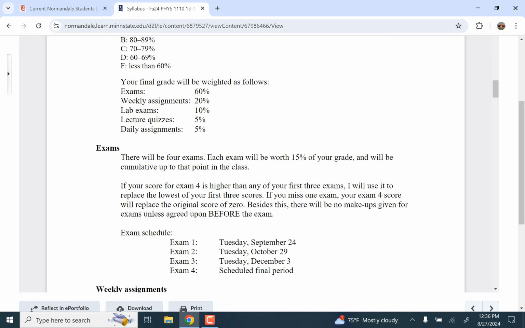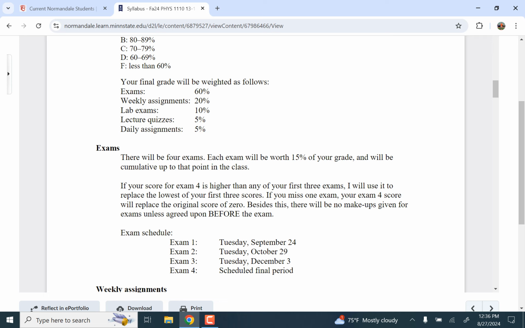Each exam is worth 15% of your grade, so the final isn't worth any more than the other three. But there is one little thing that is in there to help you in case you mess up one of the earlier exams. So if your final exam is a higher percentage than any one of the 3 previous exams, then the final exam will count as itself, and it'll also replace the lowest one of your other scores.